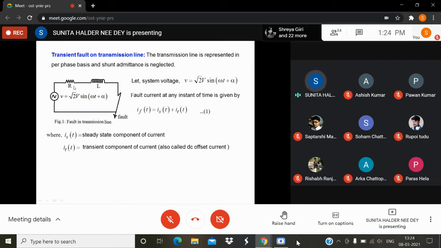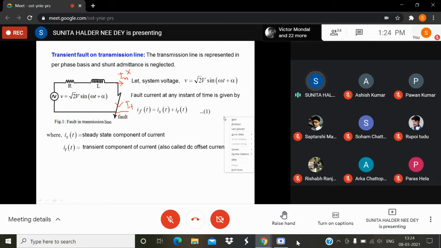Say this is a transmission line connected to a generator. Under normal condition, there must be some load connected here, and current was flowing in this direction, the normal current, which I am writing as I suffix n. But due to this short circuit, current will not go. IN will be approximately 0, and there will be fault current IF.